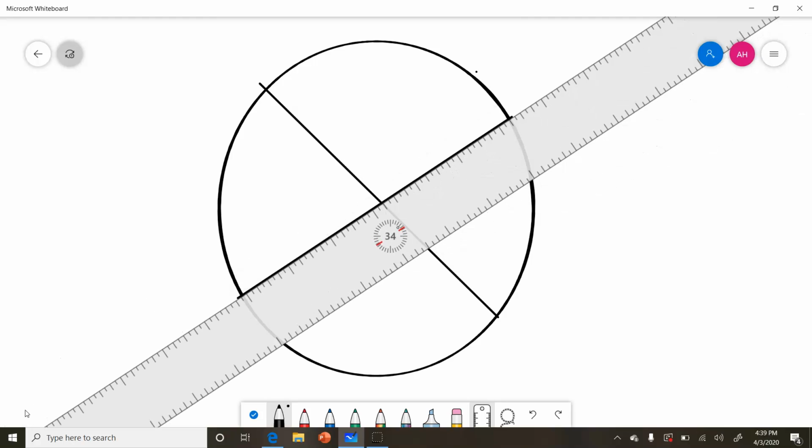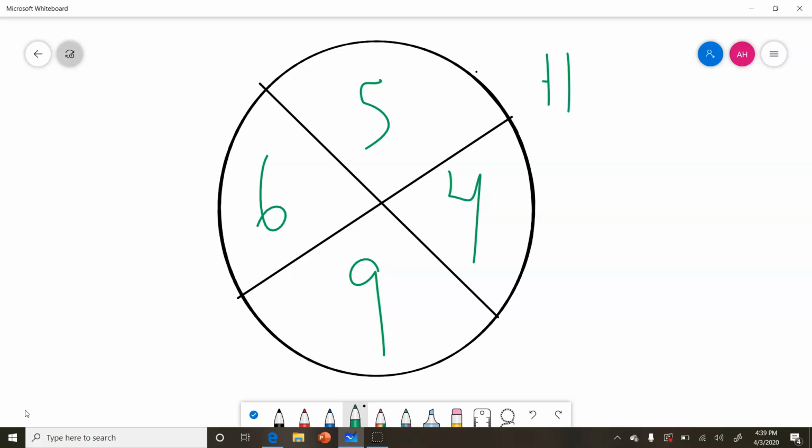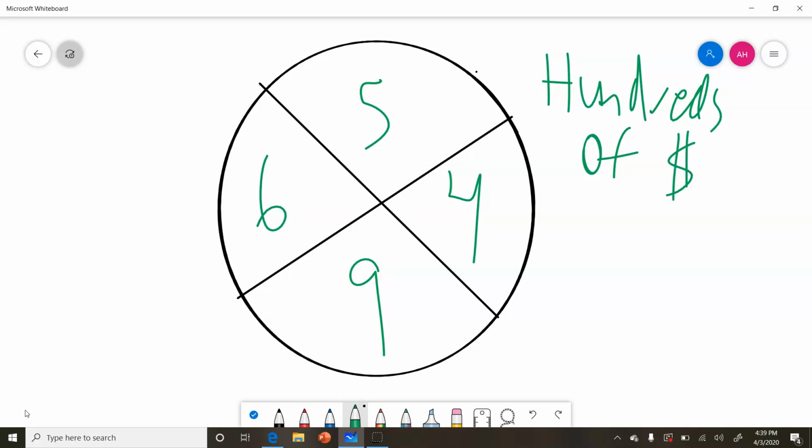And they have 4 categories, and each one, let's say this one represents 5, 6, 9, and 4. But let's say it represented hundreds of dollars. And what that means is that this is actually 500, if we wanted to write it that way. And this means that this is actually 400, and this is actually 900.